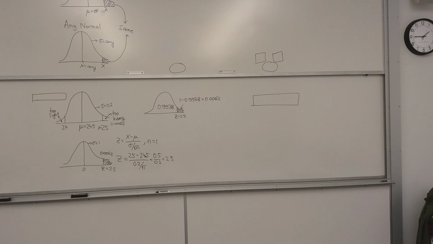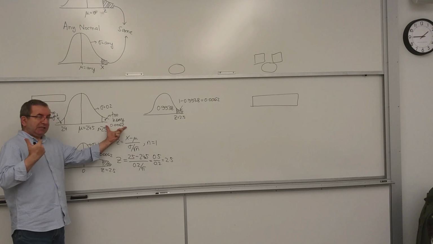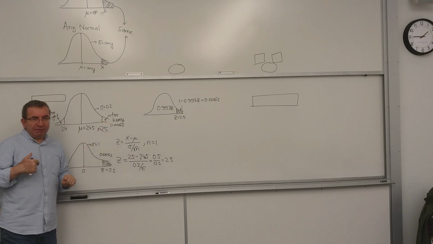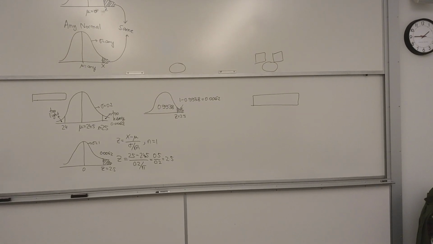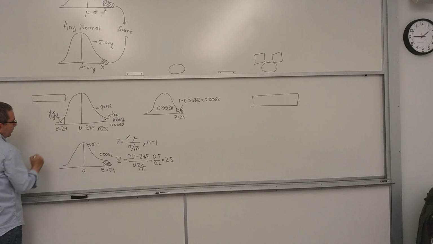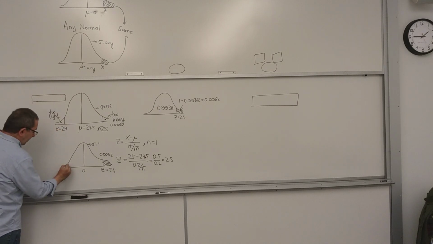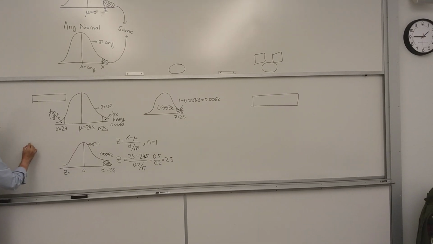So we know this portion of parts, individual parts, will be too heavy. Let's find the portion of parts that are too light. In this case, x is 24. What will the z value be? We use the same formula, z equals x minus mu divided by sigma over square root of n.